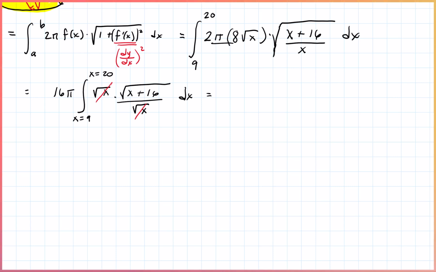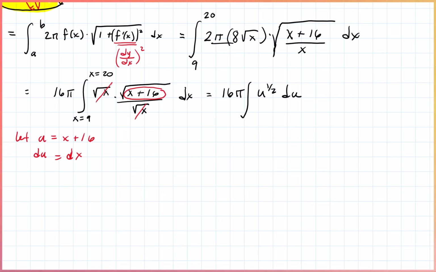So before I go to my next line, I notice here that I'm going to need to make a little substitution. So let's let u equal x plus 16. Then the derivative du dx is just 1. Separate that differential for the substitution, so that's just 1 times dx, or du is equal to dx. So now I'm integrating simply u to the 1/2 power with respect to u.